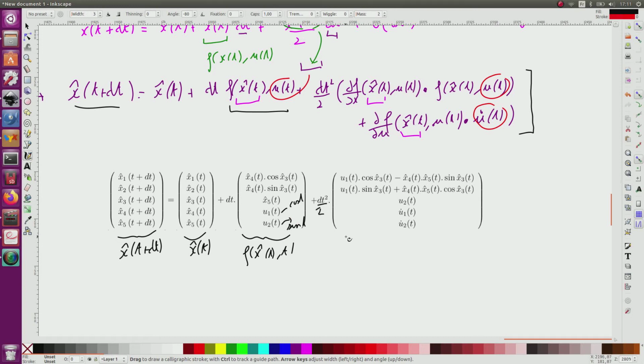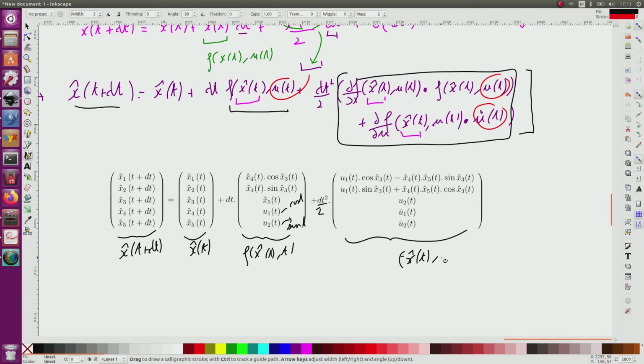This one corresponds to this quantity. Again, it depends on x hat of t and also on t, because all these quantities here, here, and here, they are known, since u1 dot is equal to minus sine of t, this one to cos of t, and u2 to sine of t.